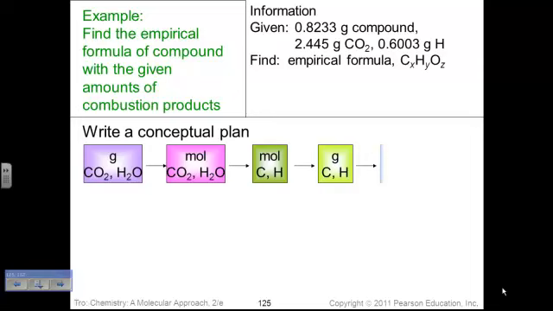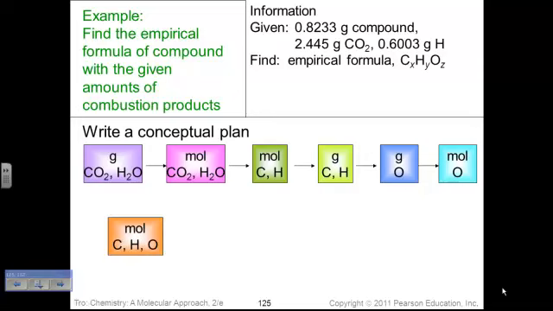With a conceptual plan, we can take the mass of carbon dioxide and the mass of water and work out the individual element masses, C's and H's, and the missing ingredient there must be the mass of the oxygen, that's why it's a different color. From moles of O, moles of C's, and moles of H's, we'll be able to divide through by the smallest number and find an empirical formula.